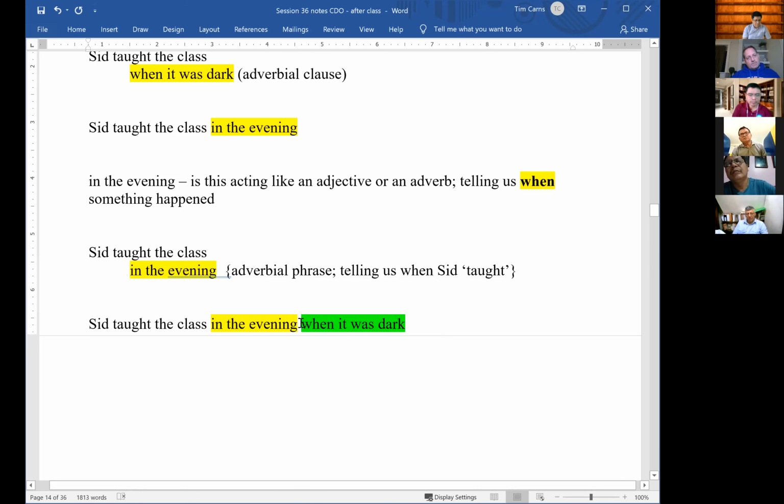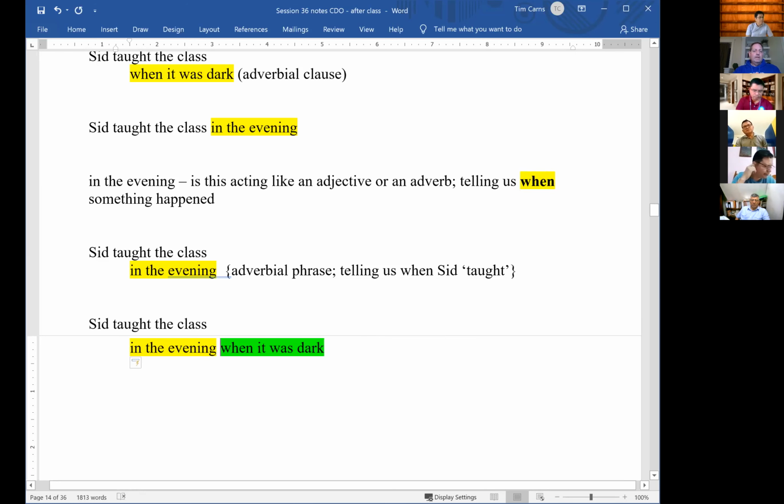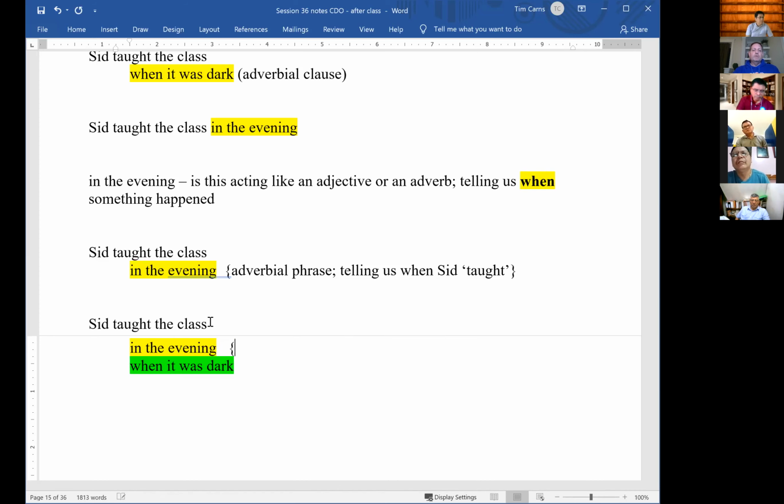Well, it's still answering the question when. So in this case, both of these, in the evening and when it was dark, are going to modify taught, because they're both describing when the action took place. This would be an adverbial phrase because it's a phrase. This is an adverbial clause.